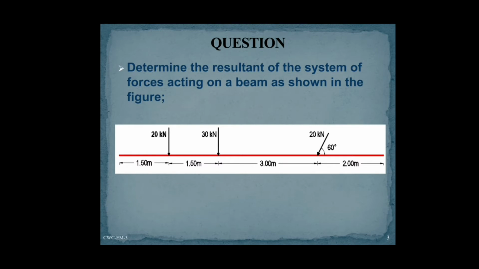The point of application of the forces are mentioned, and also the inclination of the inclined force with respect to the beam element is mentioned. Now we have to find the resultant for this system of forces. Resultant is the single force which will give the same effect as this system of forces.